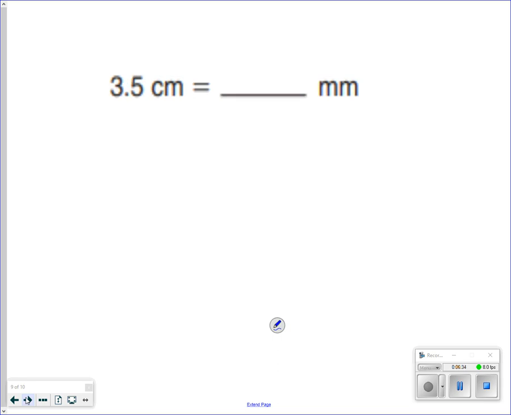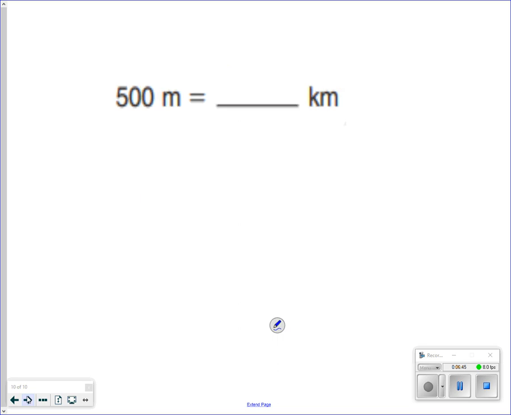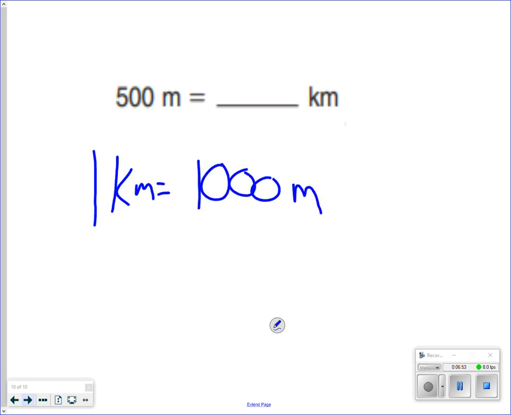Well, 1 centimeter is 10 millimeters, so 3.5 centimeters gives me 35 millimeters. 500 meters would be, well, 1 kilometer equals 1,000 meters, so 500 meters would be 0.5 of a kilometer.